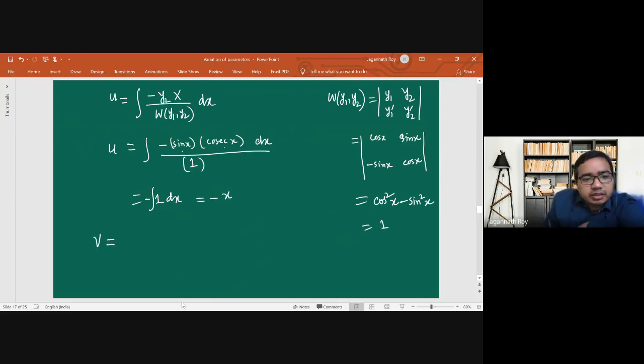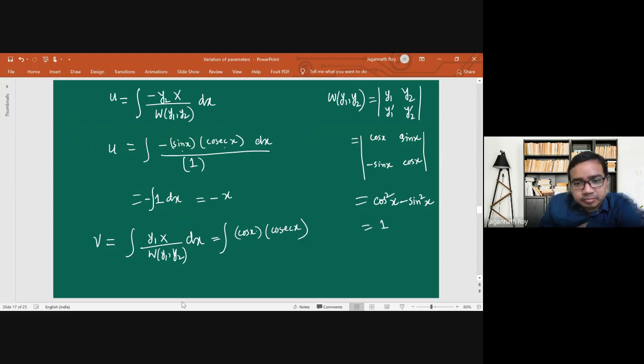Similarly, v is defined by the integral of y1 into X by W of y1 and y2, the Wronskian, into dx. So here what we get, y1 is cos x, the right hand side is cosec x, and the denominator is 1.